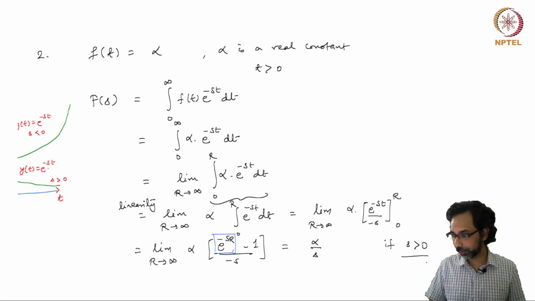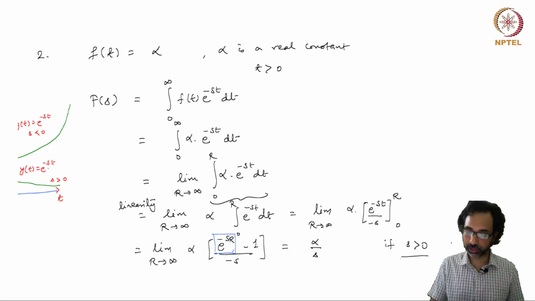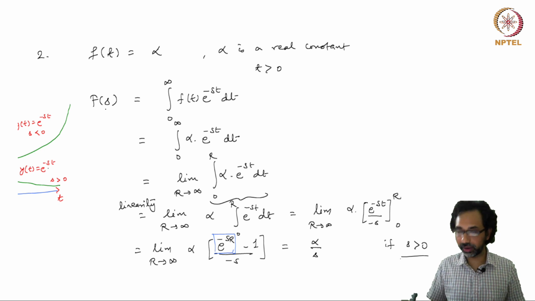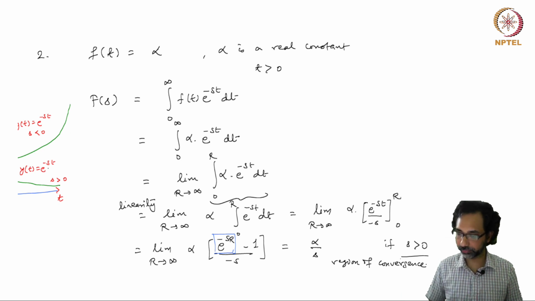So this region of s where the Laplace transform is well defined, by well defined I mean a finite quantity, is called the region of convergence of the Laplace transform. So this is the region of convergence.